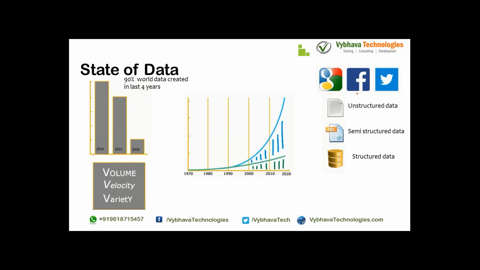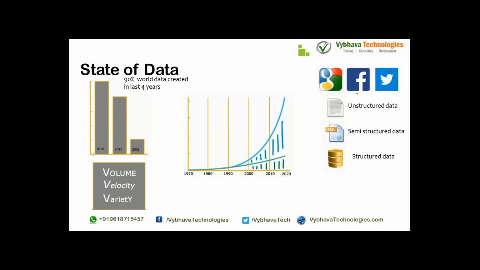One is unstructured. The examples are text files, PDFs, photos and emails. Coming to semi-structured data, XML files and CSV files are considered semi-structured data, and our relational database is considered structured data.